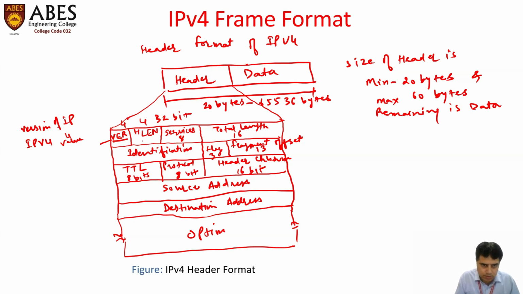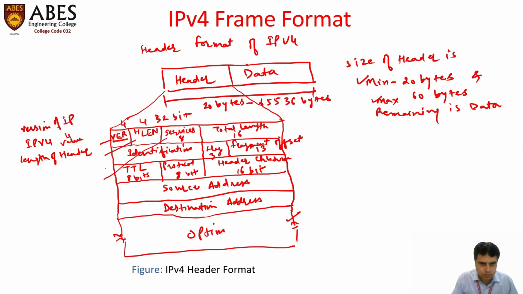This is the internet header length. This field defines the length of the header. So the minimum size of the header is 20 bytes and the maximum is 60 bytes, including the option field.